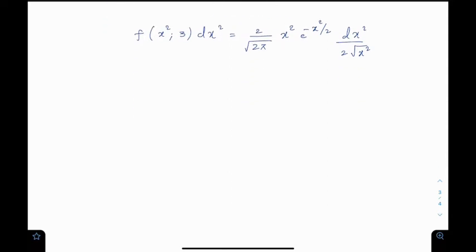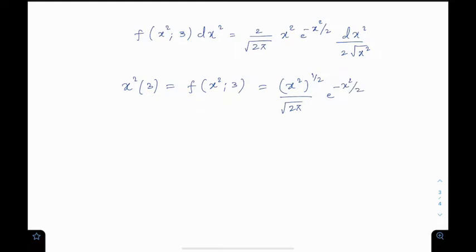Or in other words, this chi-square distribution for 3 degrees of freedom is simply given as chi-square to the power 1 by 2 over root 2 pi e to the power minus chi-square by 2.